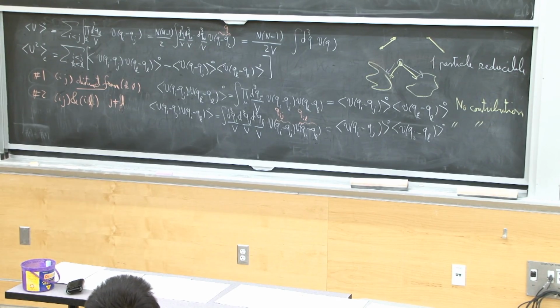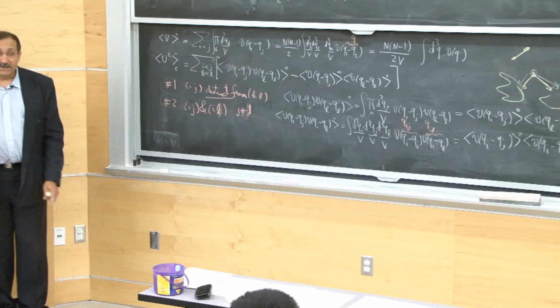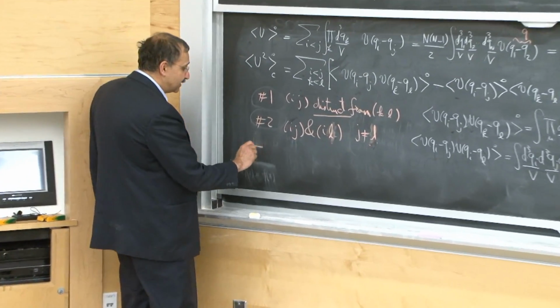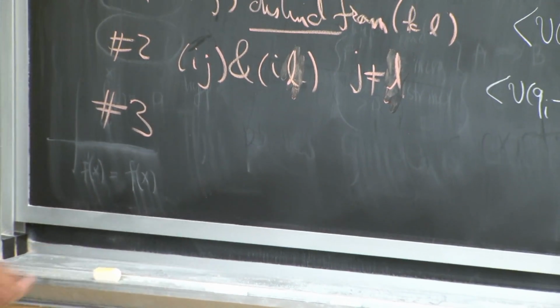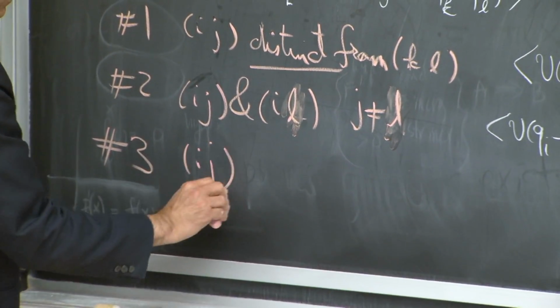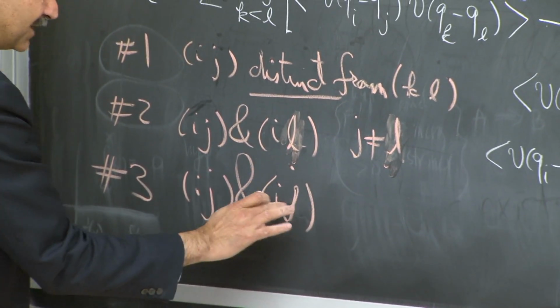Okay? So this is a simple example of something that is more general. So at the level of this second order term, the only type of thing that will survive is if the pairs are identical, ij, and the other term is also the same pair ij.